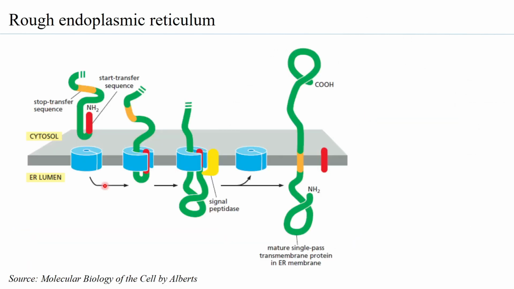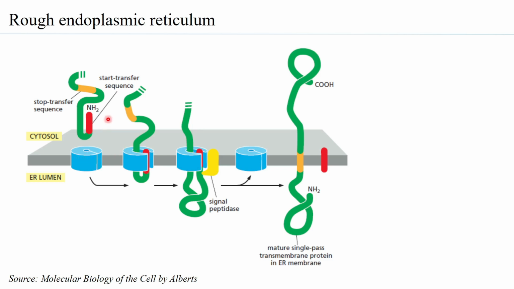We also know that the rough endoplasmic reticulum forms the integral membrane proteins. It is formed almost in the same manner. The ribosome comes and sits on the translocon, and due to the signal peptide, it is lodged in the translocon, which is part of the membrane itself.